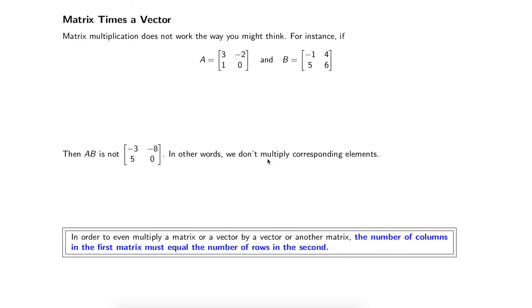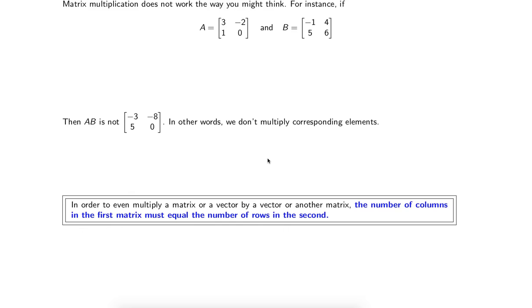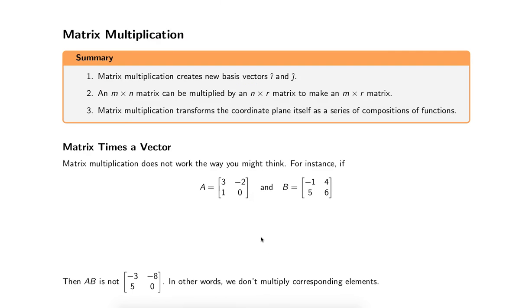So before we begin, we have to check our dimensions, because if we even want to bother multiplying a matrix by a vector or by another matrix, we have to make sure that the number of columns in the first matrix equals the number of rows in the second. That's going to be very important. So if we have an m by n matrix, we can multiply it by an n by r matrix.